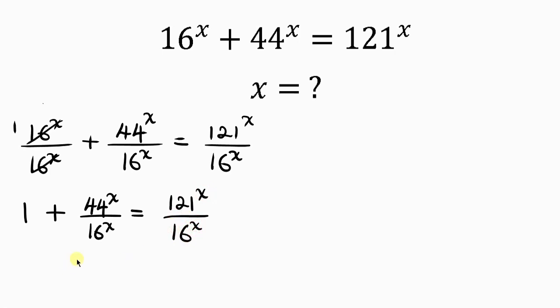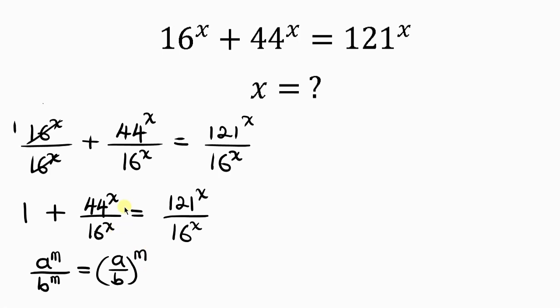Very good. Now we know that from indices, whenever we have a to the m divided by b to the m, as long as the powers are the same, this is equal to a over b to the common power.